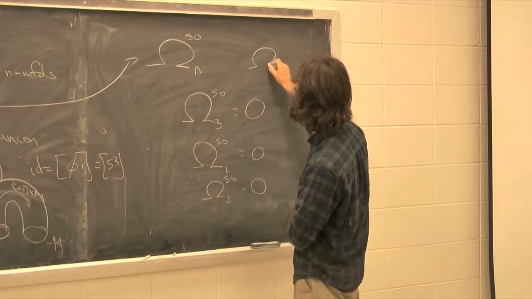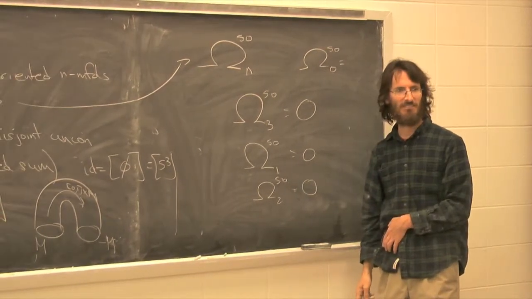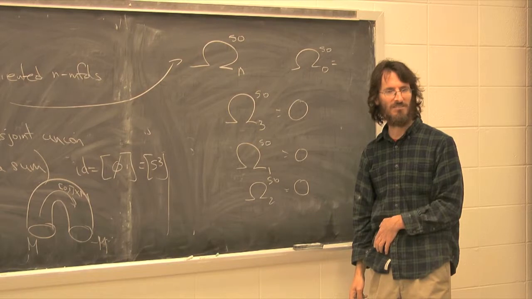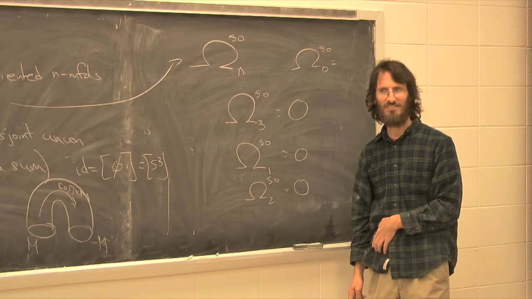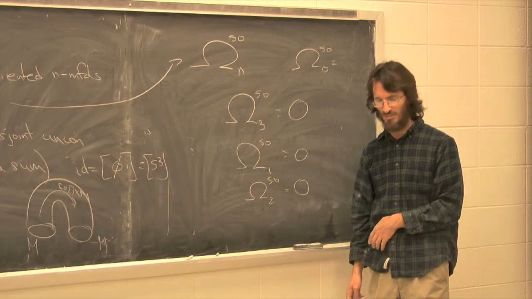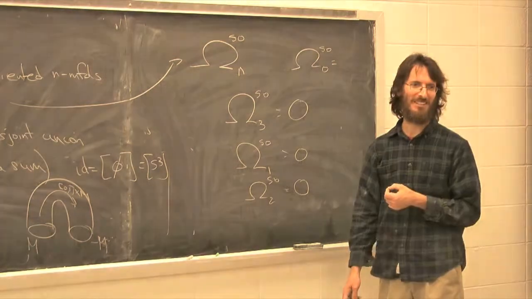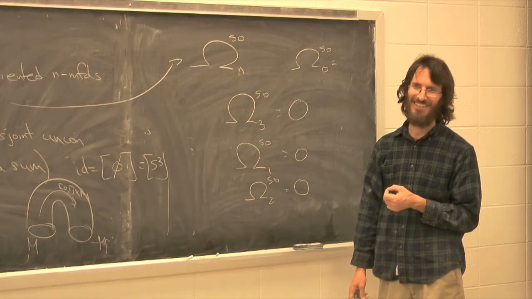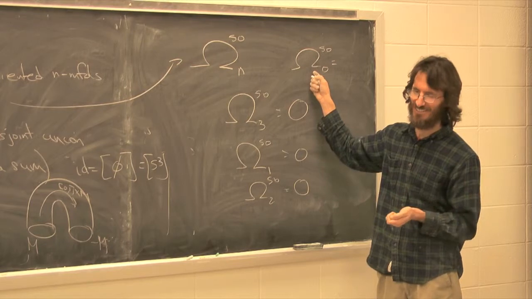What about omega 0? That depends on whether you want to do oriented points or not oriented points. If it's unoriented, zero cobordism would be unoriented zero manifolds.